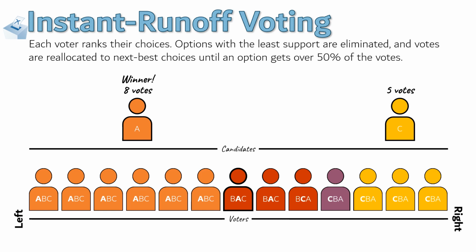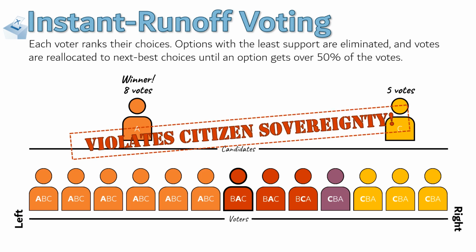Our purple voter switched their preferences between B and C, and suddenly A won. This violates citizen sovereignty. When ranking C first instead of B, we want our voting system to either return C as the new winner or keep B as the winner.